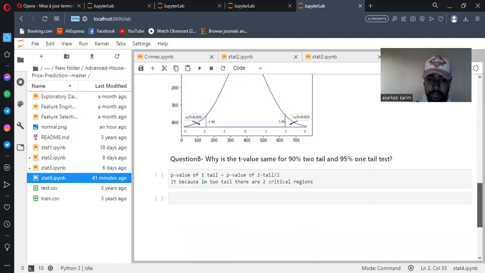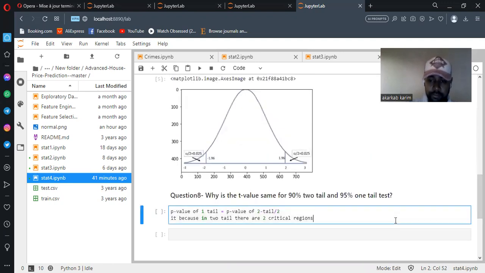Well, maybe the last question in this series or session. Question 8: why is the t-value the same for 95% two-tailed and 95% one-tailed test?